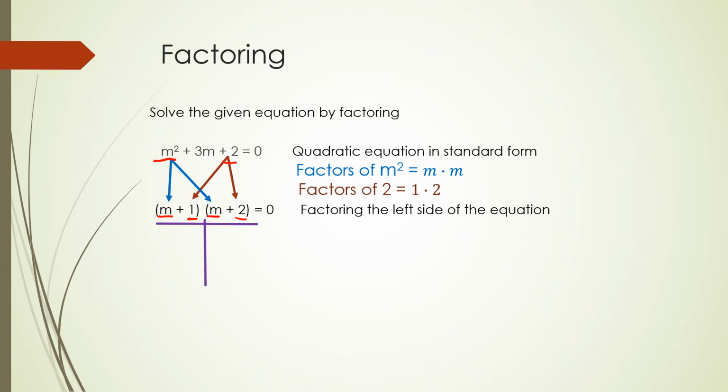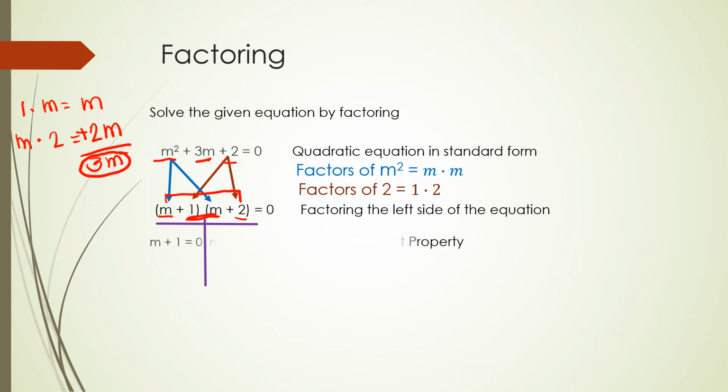Now, you need to multiply the outside and inside, which is 1 times m is equal to m. And the outside, etong dalawa, you have m times 2 is equal to 2m. Then, add nyo siya. So, it will become 3m. So, yung lumabas dito, which is 3m, siya yung middle term. Okay? It means that, tama yung pag-factor nyo doon kay first and last term.